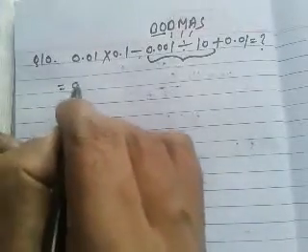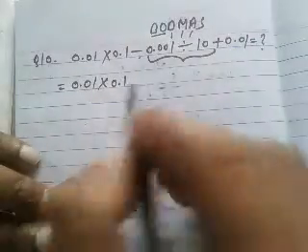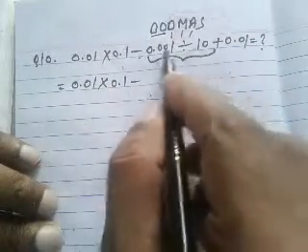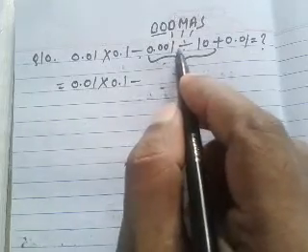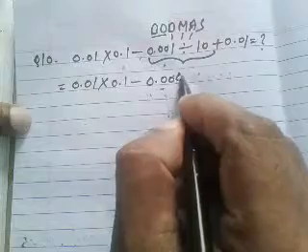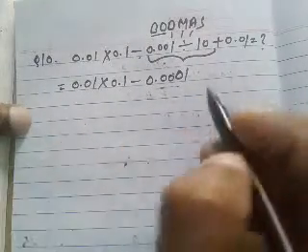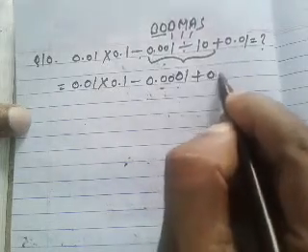In the division operation, 0.01 multiplied by 0.1; after division, 0.001 divided by 10, we will get 0.0001 plus 0.01.